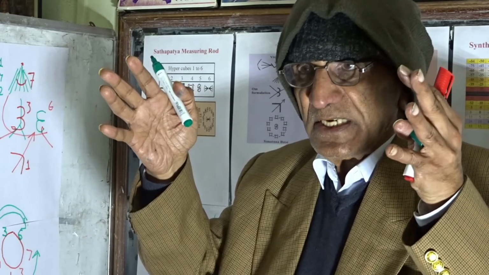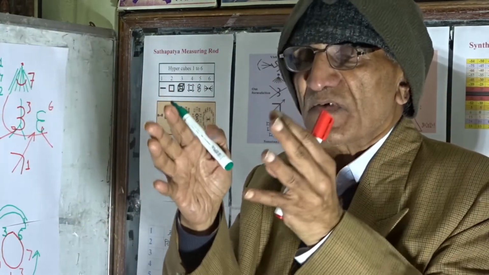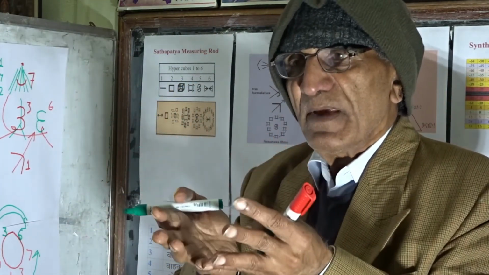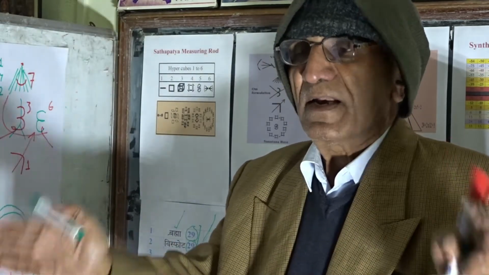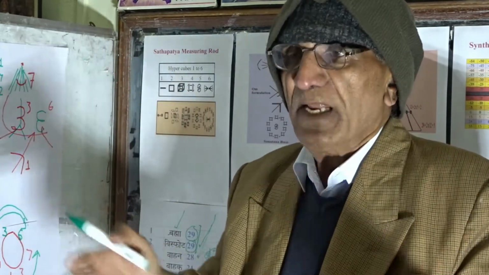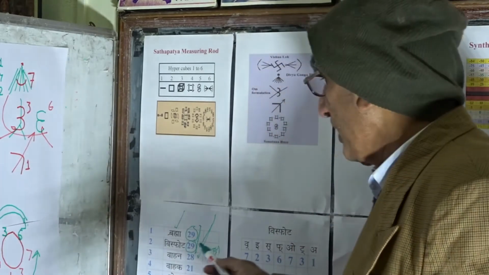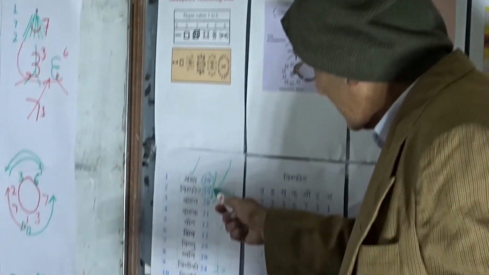So those 29 components of the manifested creations remain within a Vahan, within a Brahman domain. So the Brahman domain as such is there.